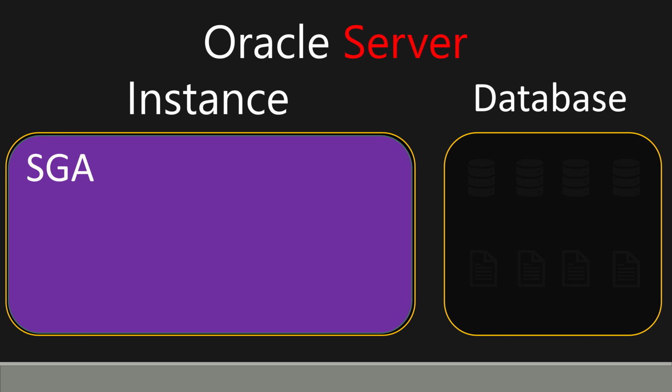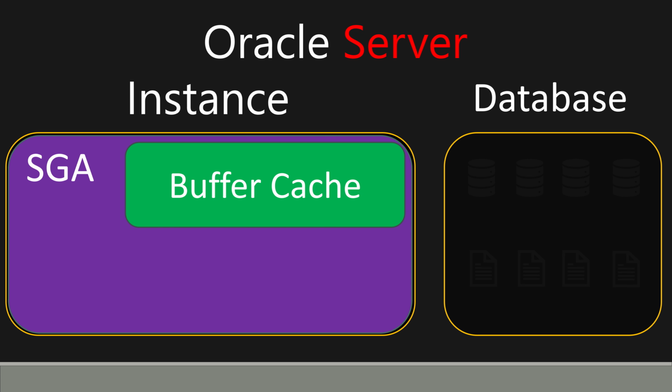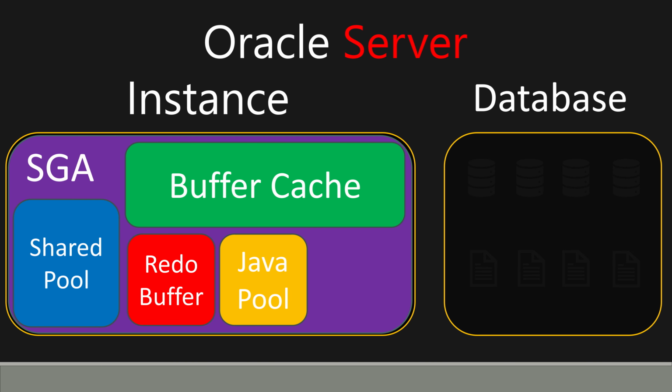SGA mainly contains buffer cache, shared pool, redo buffer, Java pool. Java pool supports the Java execution inside Oracle database. Large pool is used for large memory allocations such as ARCn operations, parallel execution, and shared server operations.